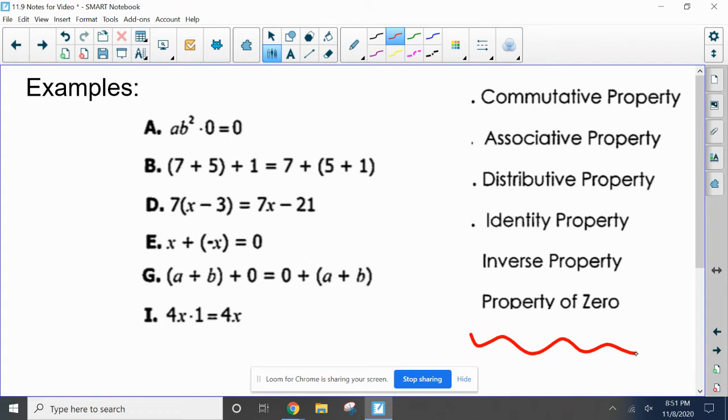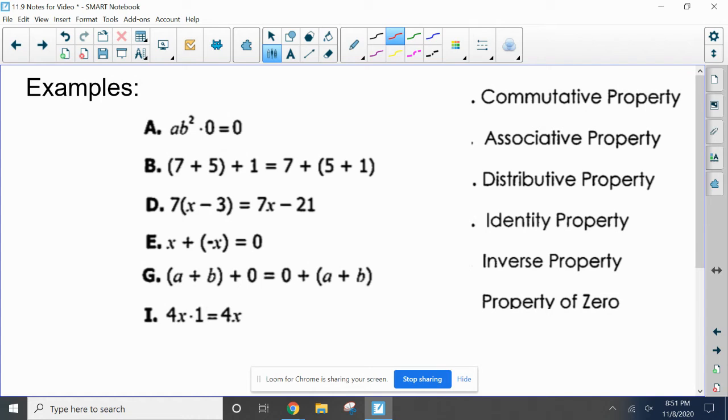These are all your properties. You should have your notes on your properties to figure out what each of these letters are. So I want you to go ahead and pause this and figure it out, and then we will go through it together. All right.